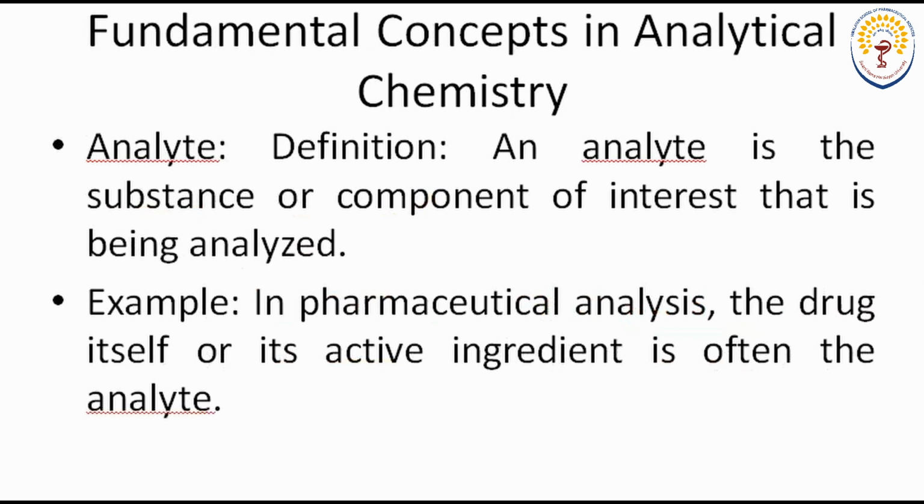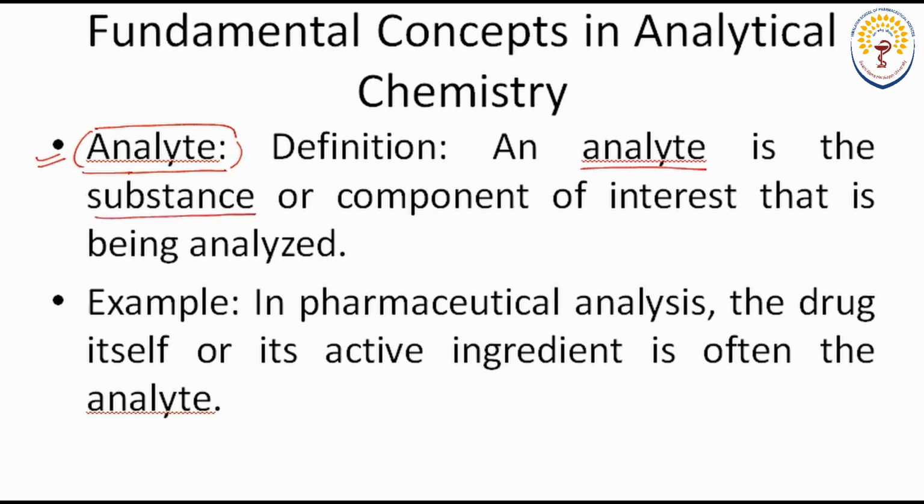Now, there are a few important terms that you need to know about analytical chemistry. Whenever we are studying analytical chemistry, there are some technical terms that we are going to come across and we must know their definitions. So the first definition is analyte. Analyte is something which we are analyzing.